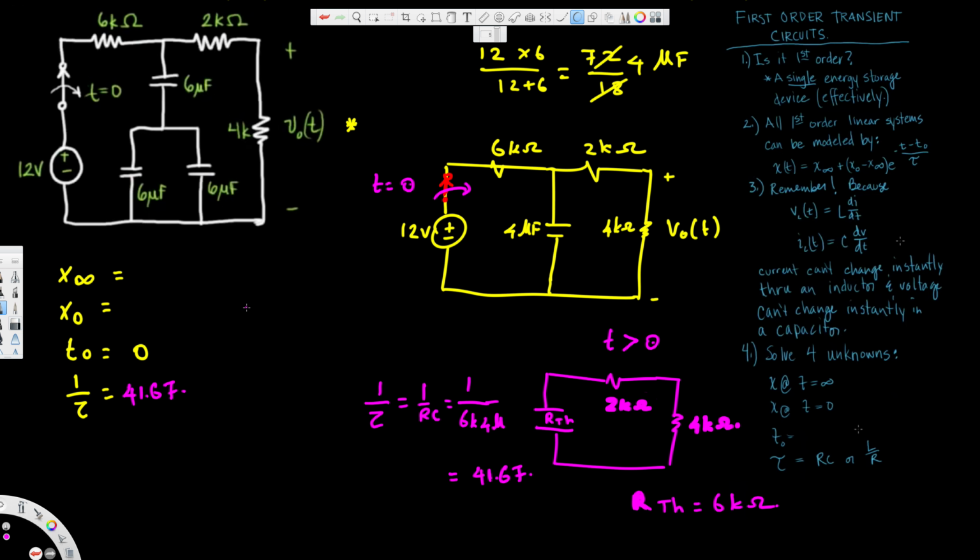Now let's look at what happened to the voltage when the time is infinity. Now let's see what happens when the time is less than 0. When the time is 0, we had this battery, and this one was connected together. So the current passes everywhere, goes through these capacitors, and the energy will be stored fully, right?